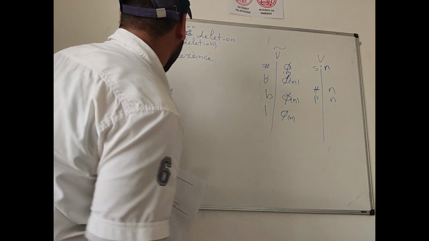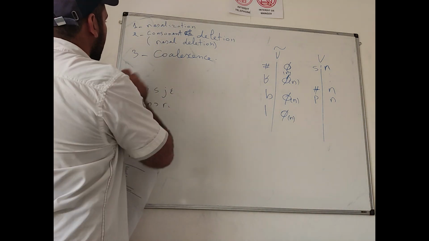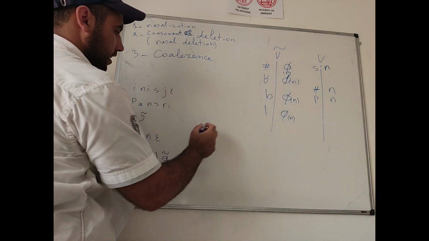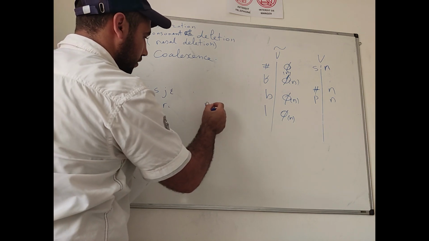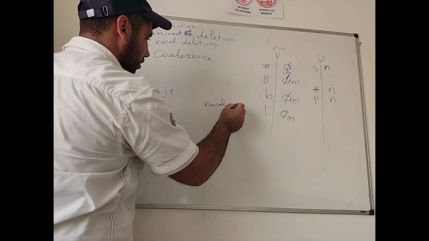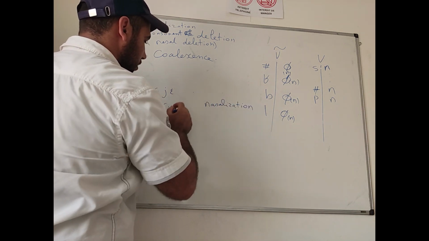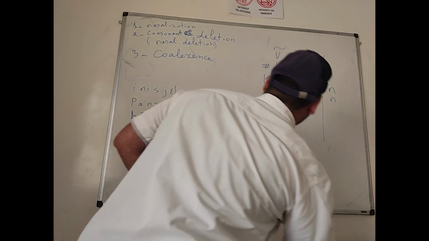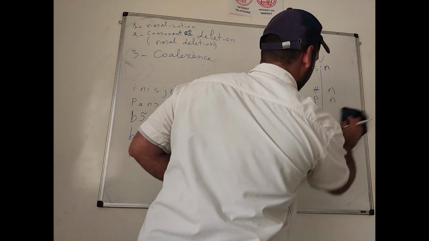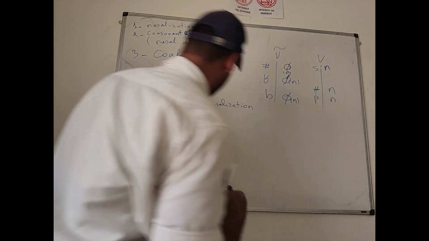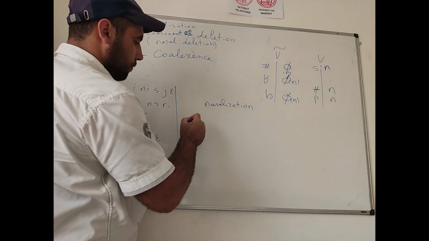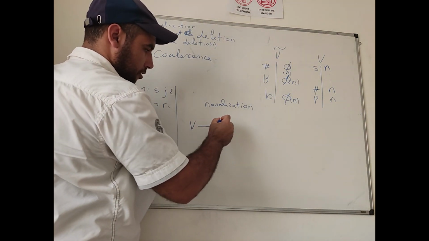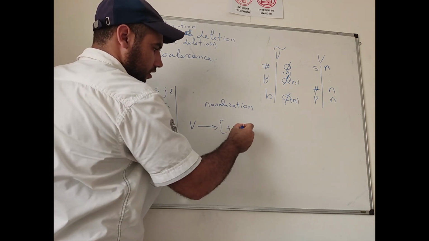Okay, so the first rule, nasalization: how to write it using annotations or phonological symbols. It would go like this. For 1, nasalization, which would be a vowel becomes plus nasal.